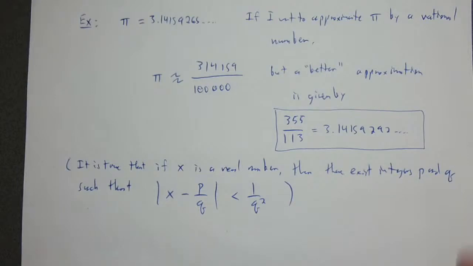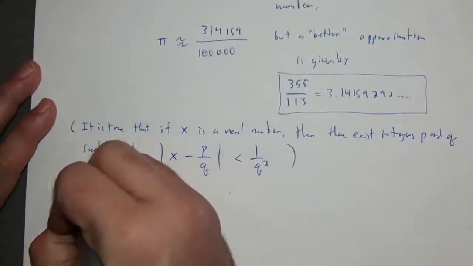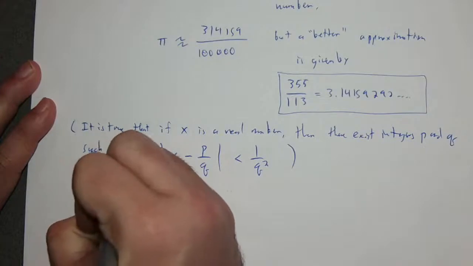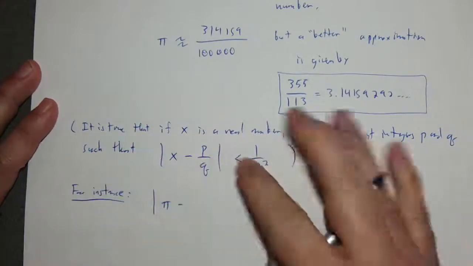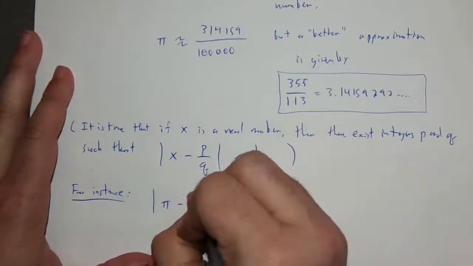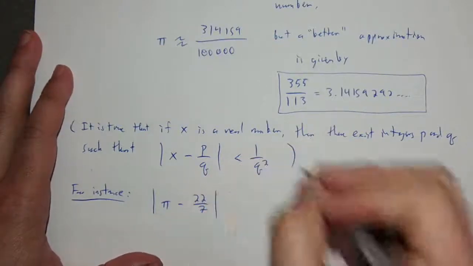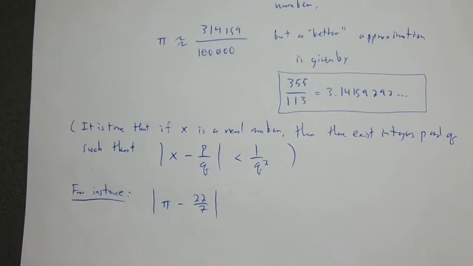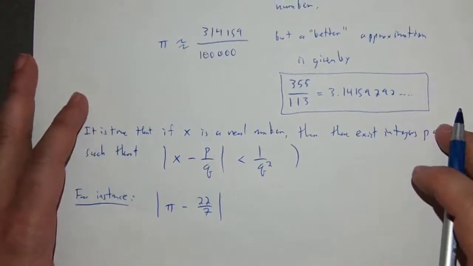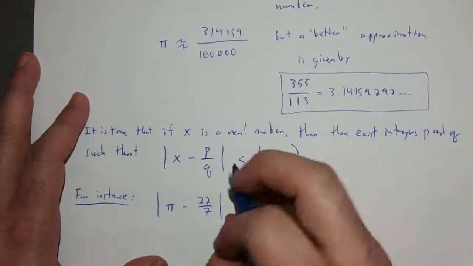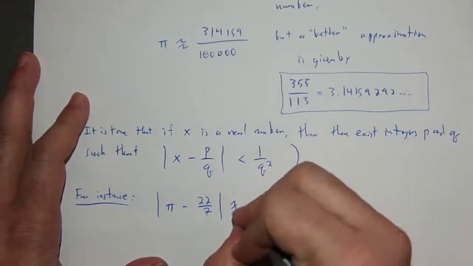And so, for instance, pi minus 22 over 7. 22 over 7, I believe, was the ancient Egyptian approximation for pi. Also might have been the Greek. Was it the Greek approximation as well? Maybe that was the case. I can't remember.